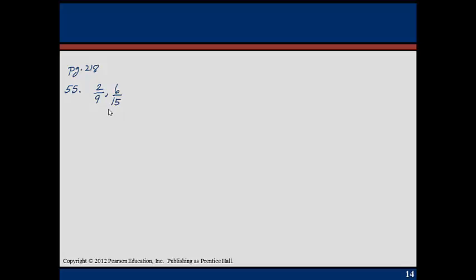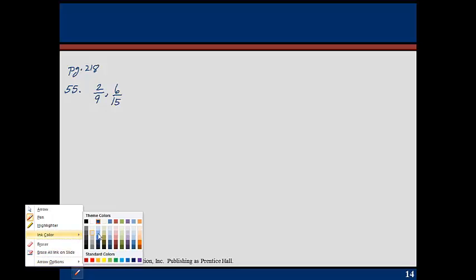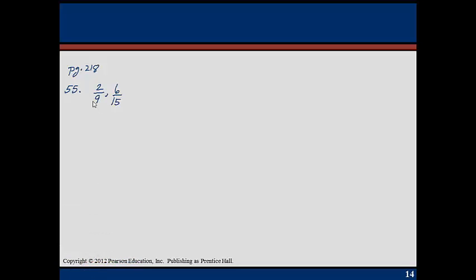We need to find the LCD, which is the least common denominator. So let's start by writing the denominators down. So we have 9 and 15. Now you can find the prime factorization of each. So 9 is 3 times 3, and 15 is 3 times 5.